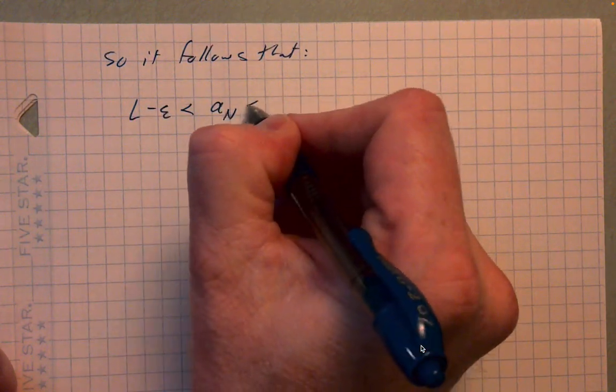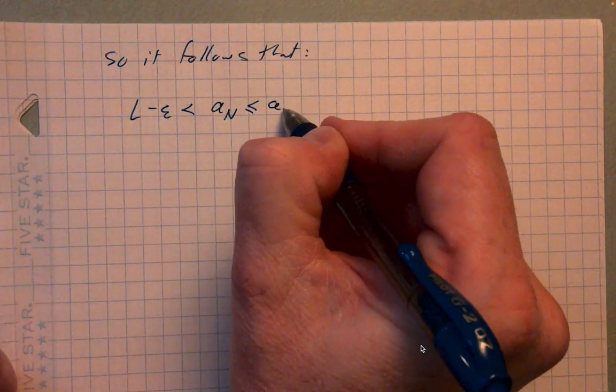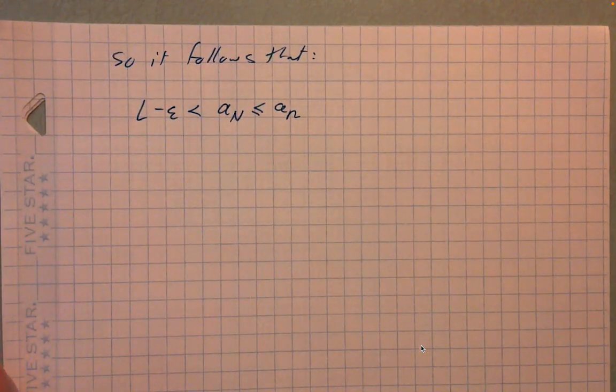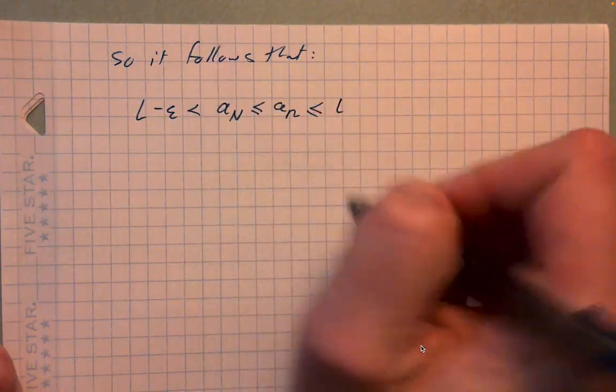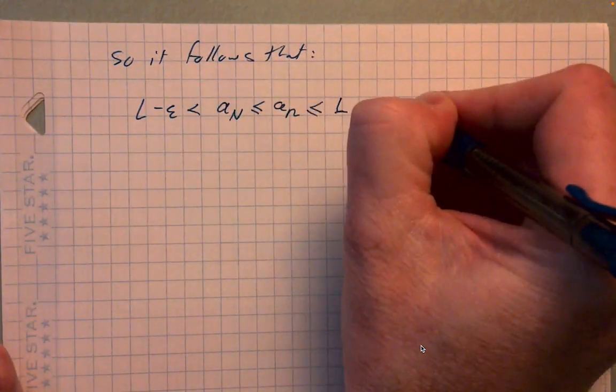And because it's monotone increasing, A of big N is going to be less than or equal to A of little n, where little n is larger than big N. And these are all less than or equal to this least upper bound L, which is, of course, less than L plus epsilon.